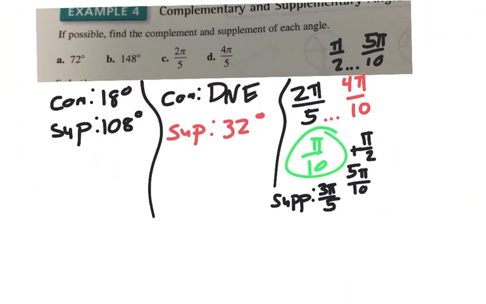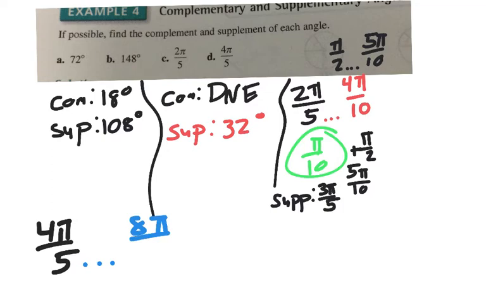And then D part, all right, we're starting off with 4 pi over 5. Well, I look at that and I can tell I'm really close to 5 pi over 5, which would be 180 degrees. So there isn't going to be a complement. There isn't going to be a 90-degree angle that meets that criteria, but let's just confirm that.